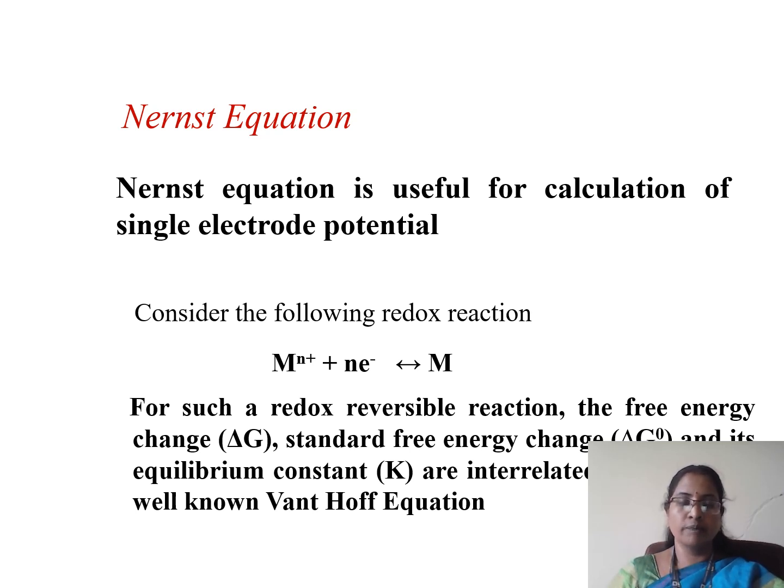The equilibrium constant K has a relation according to the van't Hoff equation. The van't Hoff equation is delta G equals delta G naught plus RT ln K. This is a well-known van't Hoff reaction isotherm, which explains the relationship between delta G naught, the equilibrium constant K, etc. Here R is the universal gas constant, equal to 8.314 joule per mole per Kelvin, or 8.314 into 10 to the power of 7 ergs per mole per Kelvin.